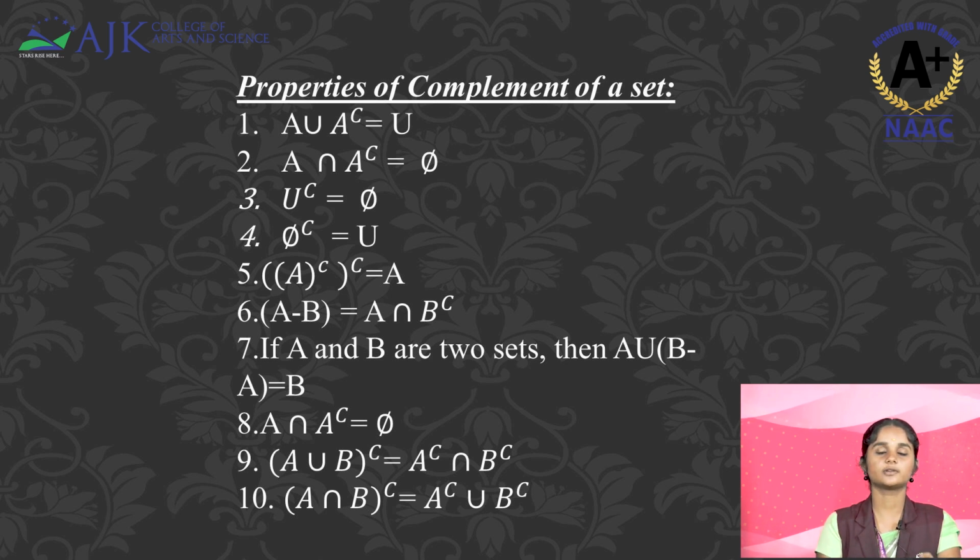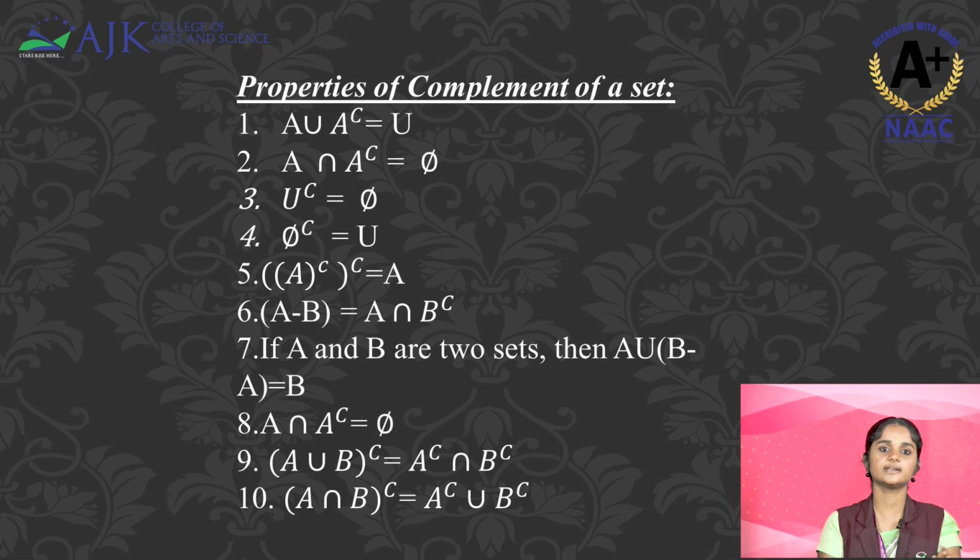First we need to draw a rectangular box and denote it as the universal set U. Next we draw two circles and name them, whether A, B or P, Q, based on the problems given in our question papers.